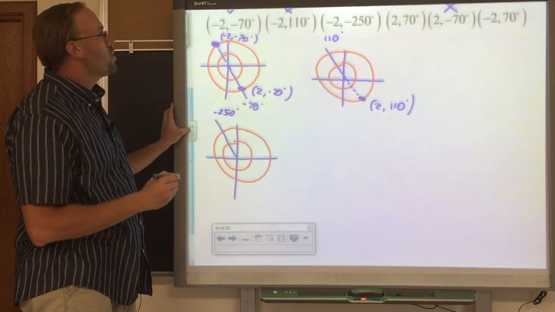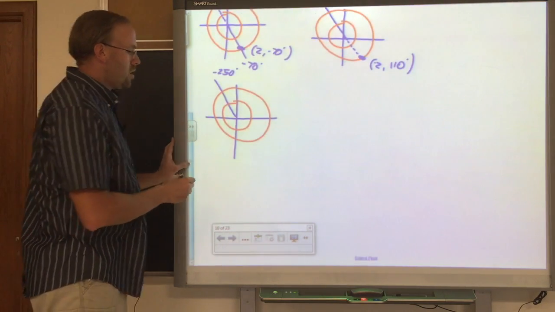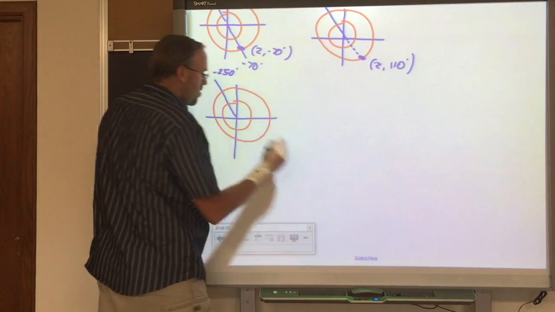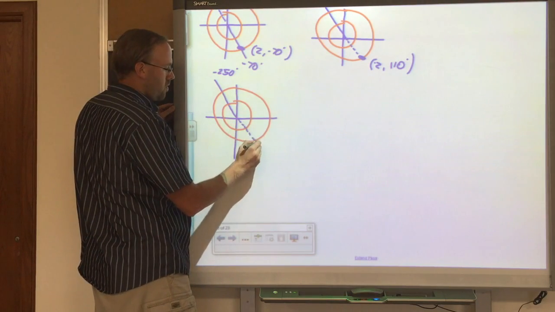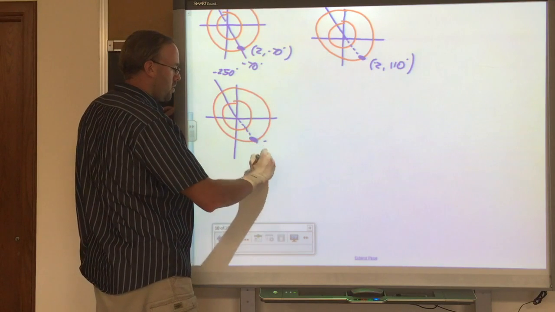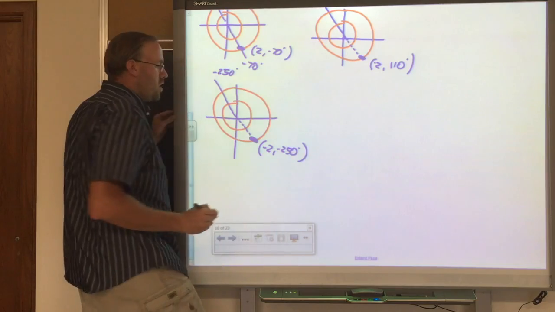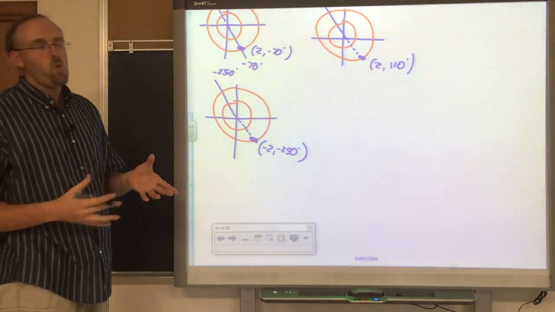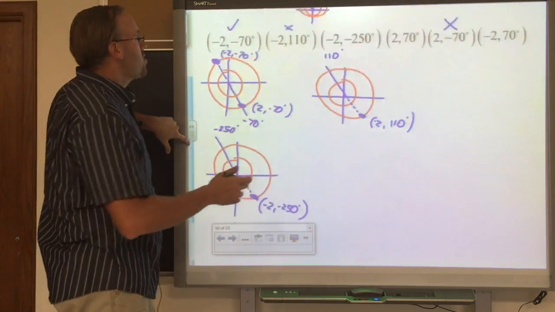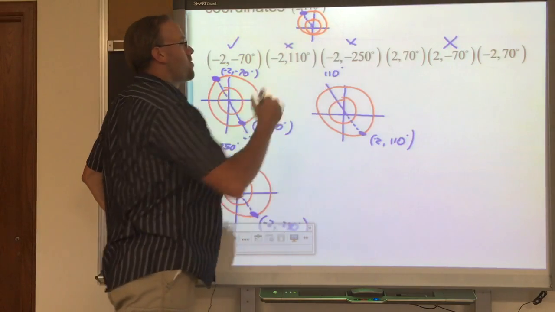Now, which way are we going? We're going negative 2. So that means we're going 2 units in the opposite direction. So here, this is negative 2, negative 250 degrees. So here we're ending up in the fourth quadrant. So this does not coincide.